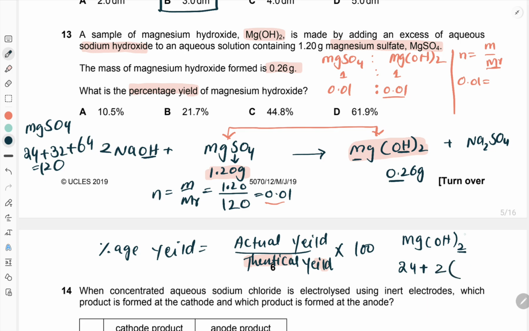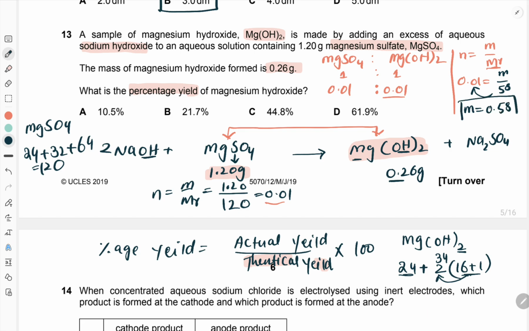Then in the bracket, 1 oxygen 16 and 1 hydrogen 1. So this is 17 times 2. It will be 34 plus 24. That will be 58. So now the Mr will be 58. You multiply this 58 with 0.01. 58 times 0.01, the answer is 0.58.